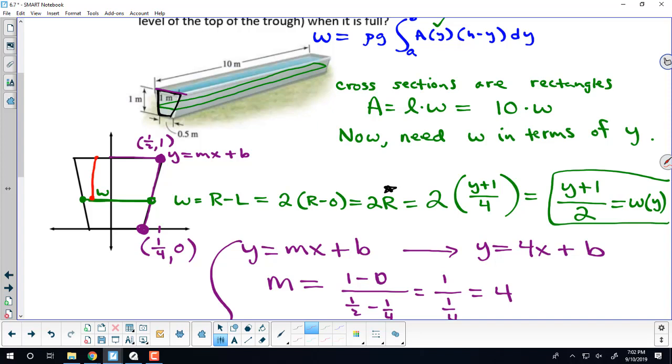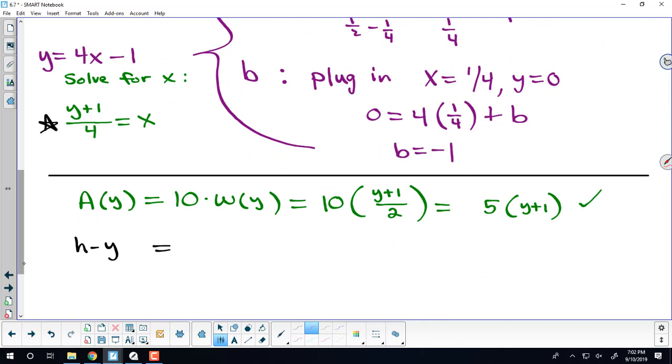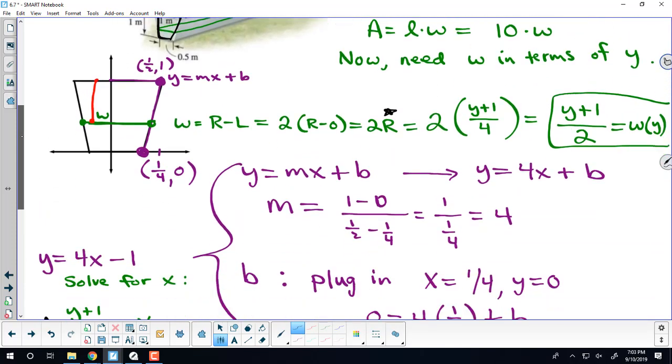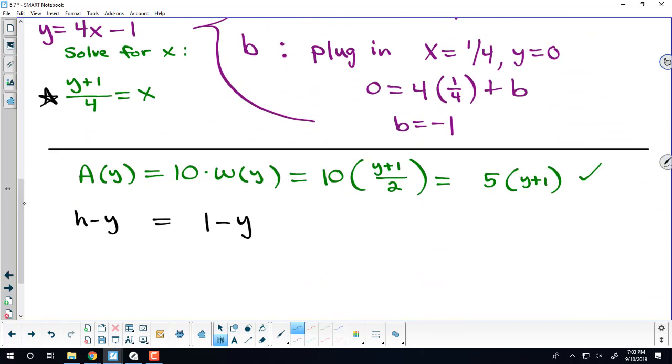So all of these cross sections, we're just focusing on that one in particular, but they're all in there. Remember when we first wrote this formula down, we said h was the distance from the bottom to the top of the tank. So we know our tank is 1 unit high, 1 meter high. So that's the top of the tank minus y.